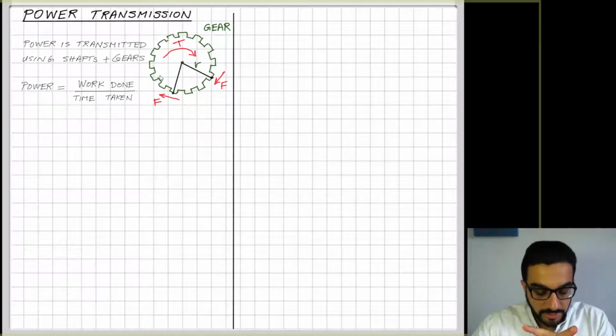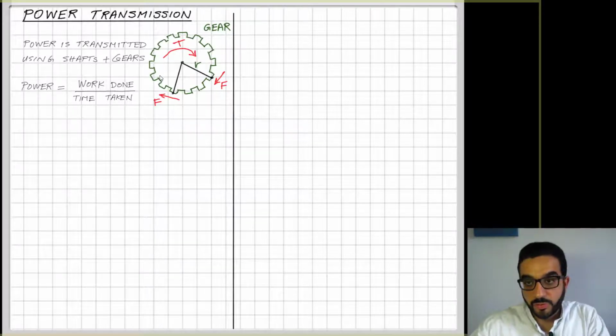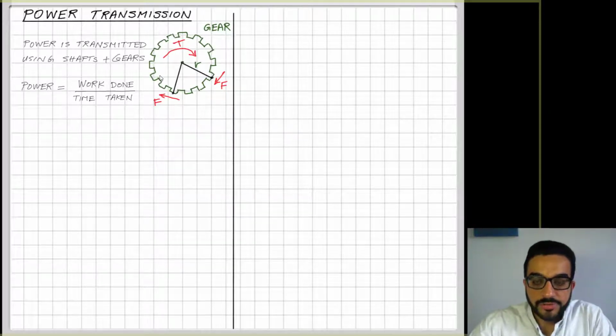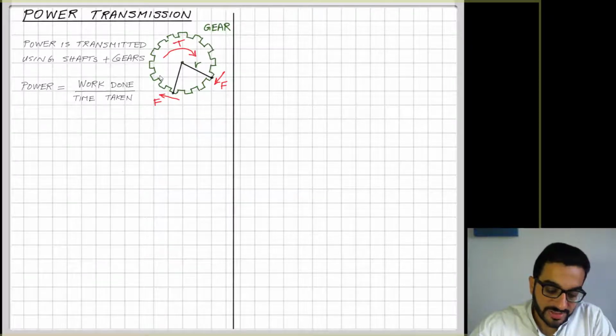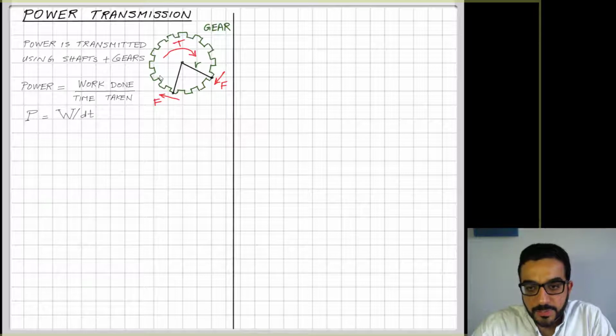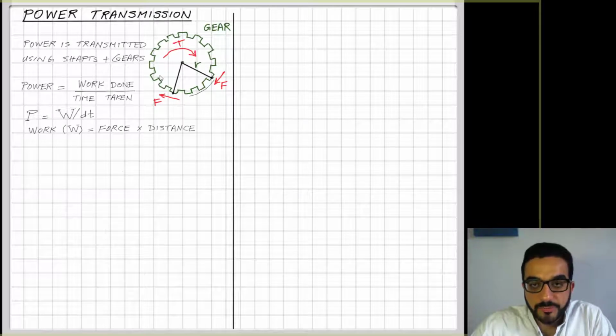And the thing here, we are concerned about the power, right? So the power by definition is equal to the work done divided by the time taken to do this work. Now let's dig deeper into what's work. Work, W here, is defined as the force times the distance that this force travels.